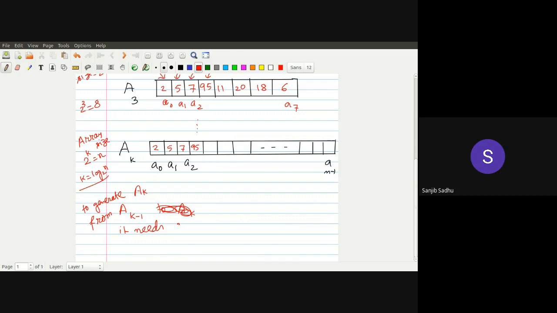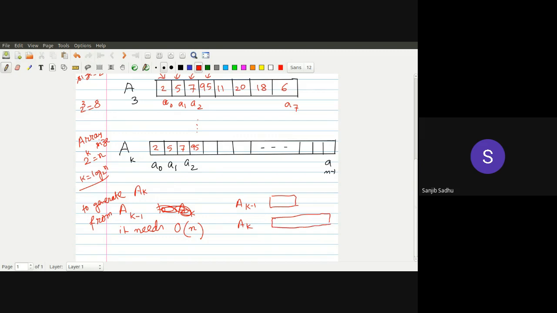Big O of n. You see, this is the array A(k minus 1) and this is Ak. So it has size like this and it has size like this, double of this.